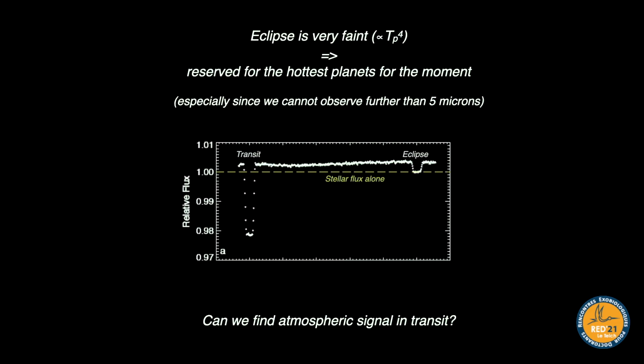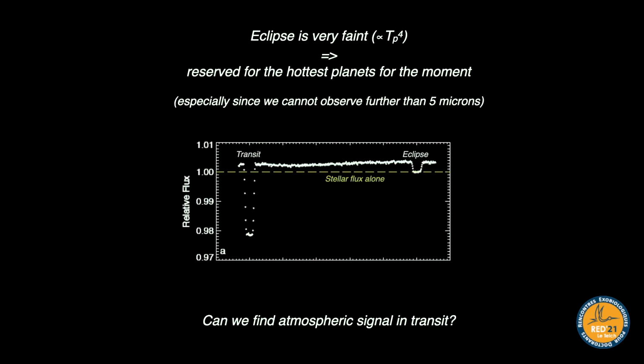The thermal emission of the planet scales as the temperature of the planet to the fourth, and especially when you're looking at it with instruments that can go only to 5 microns, because nowadays the only data we had were from HST and Spitzer and go only to 5 microns. We cannot go to a longer wavelength. So it's really difficult to apply these methods to many planets. And that's why, although it provides a lot of information, this eclipse spectroscopy is only applied to a handful of planets.